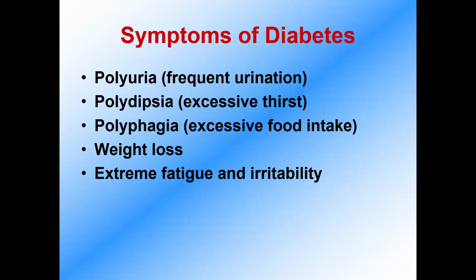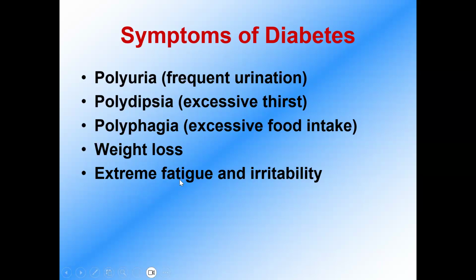So it causes breakdown of their stored fats, proteins, etc. These patients will notice that they are losing weight, although their appetite has increased. They are eating a lot of food, but they are not gaining weight. Instead, they are unable to retain their normal weight, and they are losing weight.